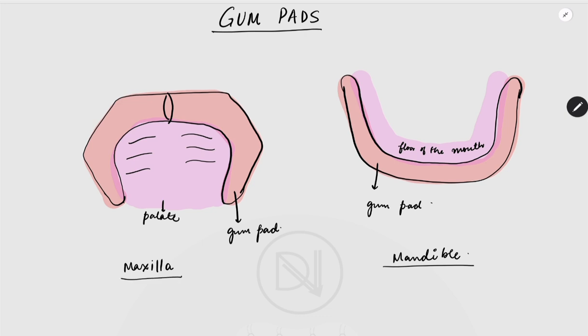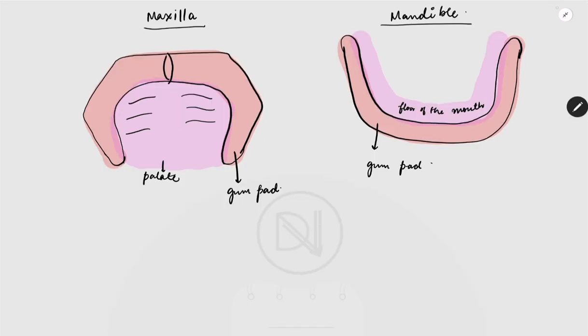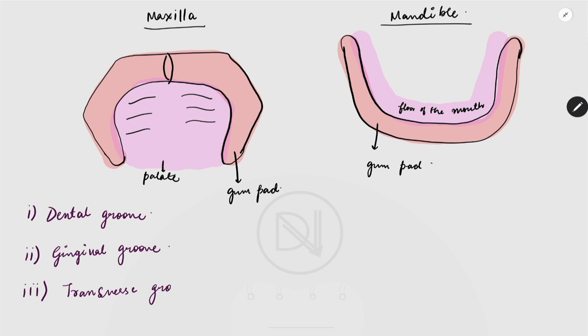Okay, so there are different types of grooves which are present. Those grooves are, the first one is your dental groove, the second one is your gingival groove, and the third one is your transverse groove. Now coming to the dental groove first. These grooves play a significant role in dividing the maxillary and mandibular gum pads into two sections.